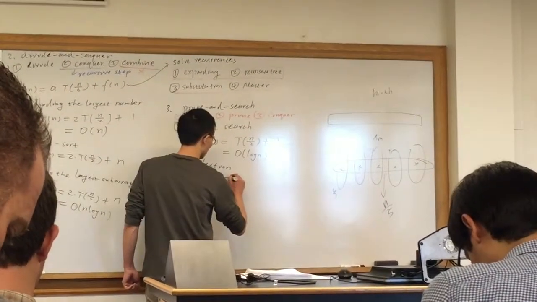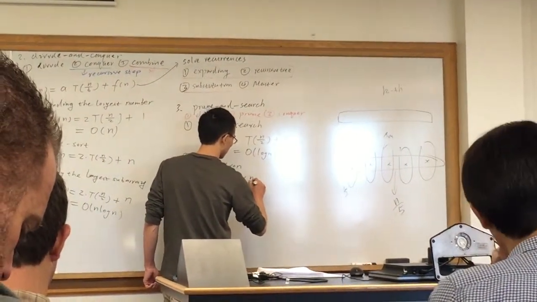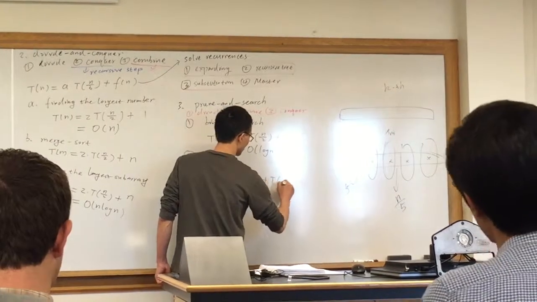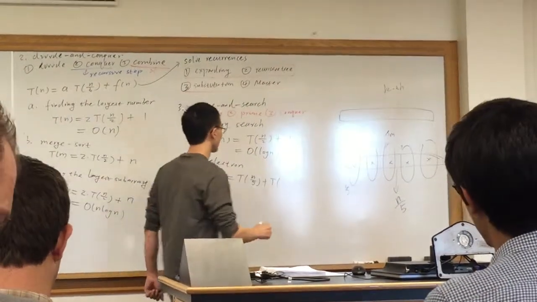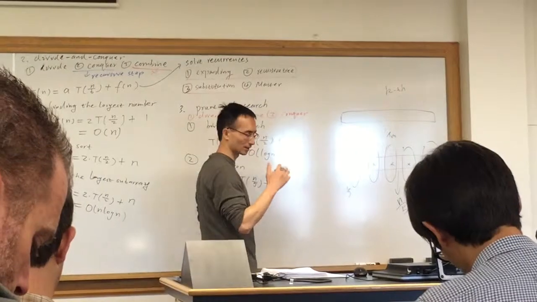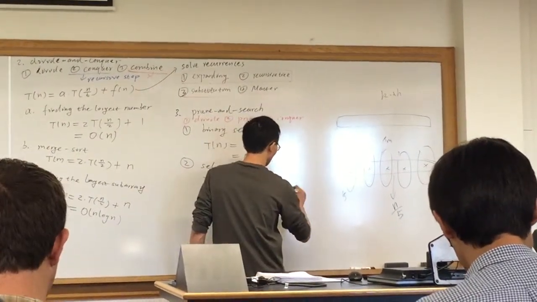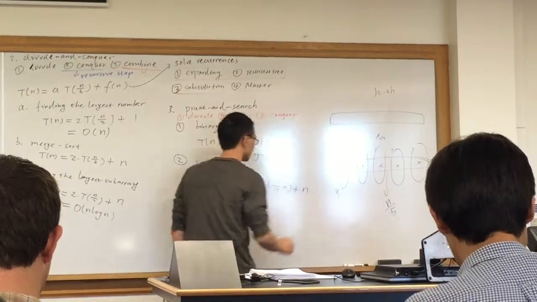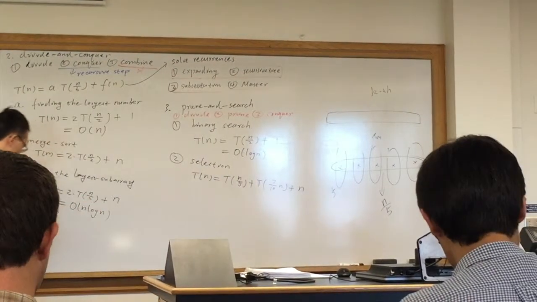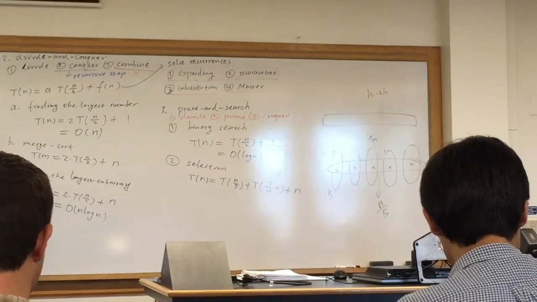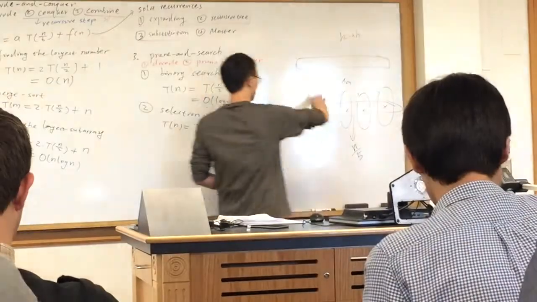The recurrence is T(n/5) plus T(7n/10) plus something times n. This is only the recursive step.